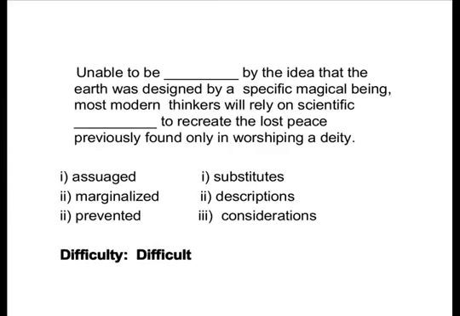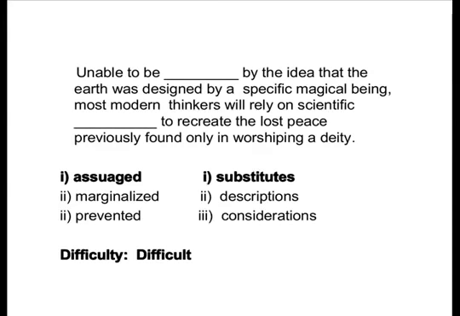Now for the second blank, it's a little more tricky. Most modern thinkers will rely on scientific... Now descriptions and considerations can kind of make sense, but this is the trick. You want to choose an option that fits the sentence best.